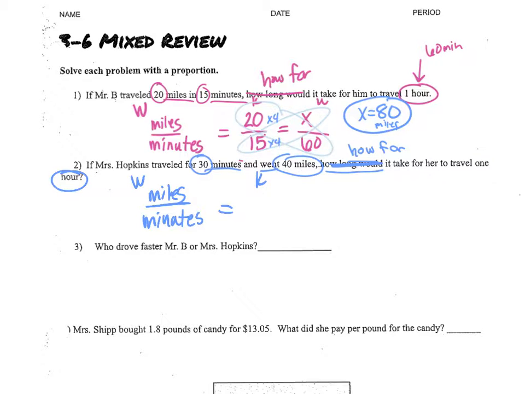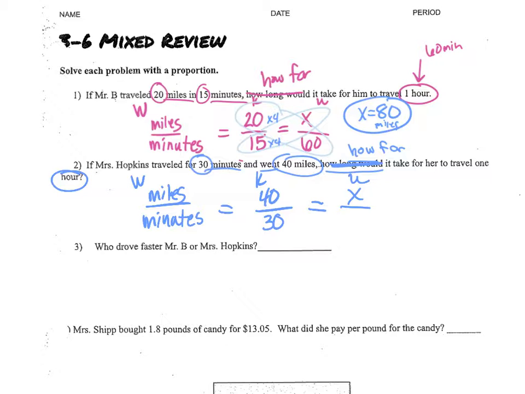And then we want to fill in what we know. So I know she can go 40 miles in 30 minutes. So then what do I not know? I need to know how many miles she can go in 1 hour.